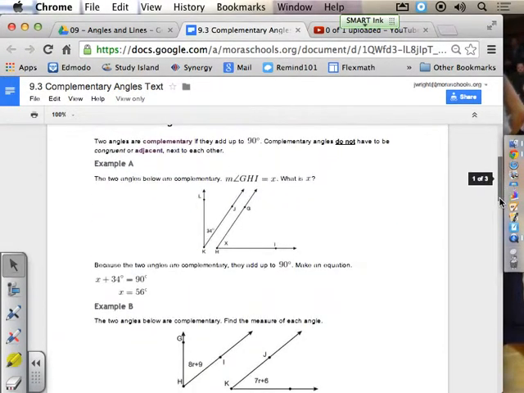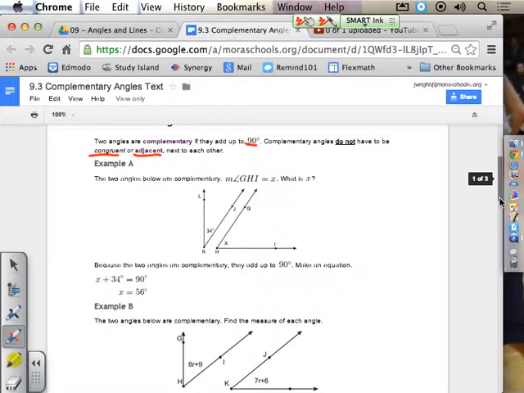So, here's two complementary angles right here. And we know that complementary means that they add up to 90 degrees. They do not have to be congruent, which of course means equal, or adjacent, which means next to each other. All right, and we'll go over what that means later.